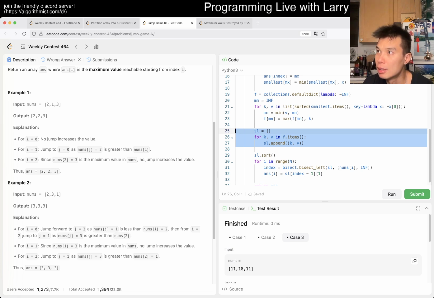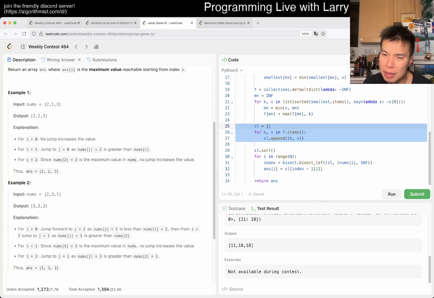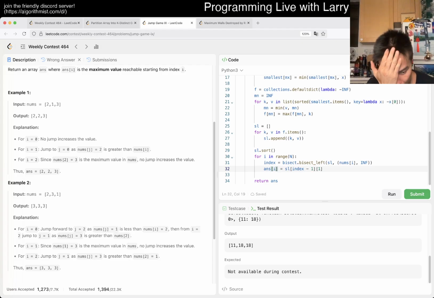So basically, given this number, we look at the max. Okay, so every number, let's step back. Every number we want to make it go to the max on the left side. Okay.